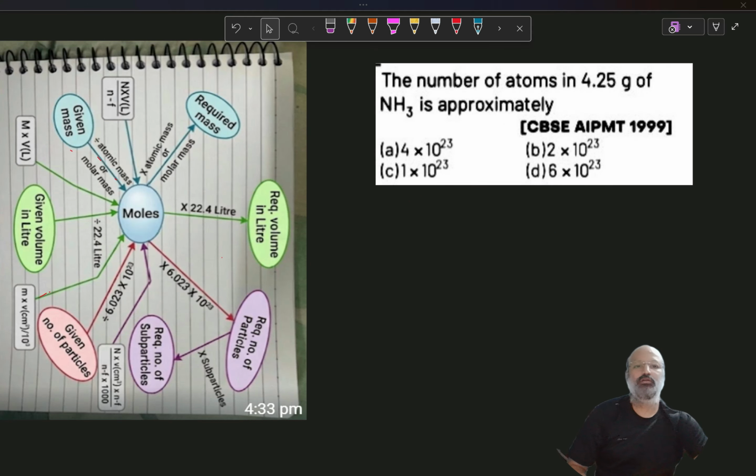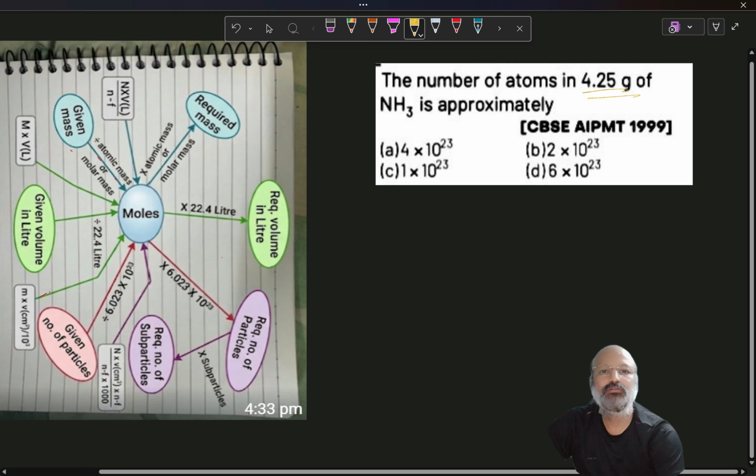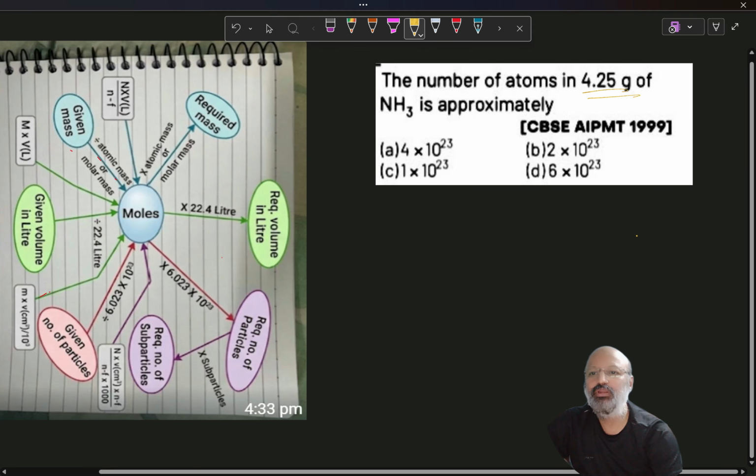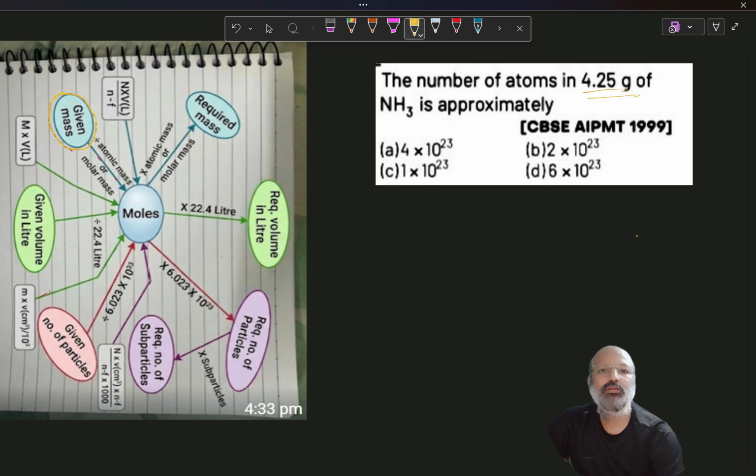Now you can look at this question. They are asking about the number of atoms. So calculating the number of atoms means here basically the mass is given, that is here. You are basically at this point. I think this color is not visible. Let me change it. You are here. You can see this.